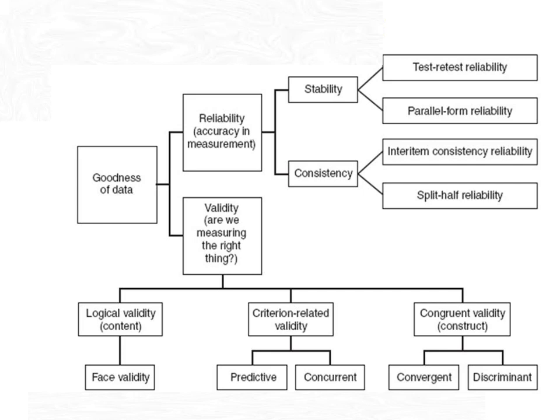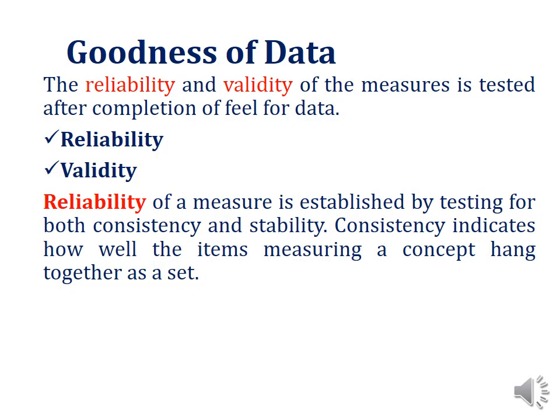We use these reliability and validity tests; sometimes we use SPSS, sometimes AMOS, for validity and reliability. The goodness of data is based on reliability and validity. Firstly, we discuss reliability in detail: researchers take the result of the reliability of the data and establish more confidence by testing both consistency and stability.